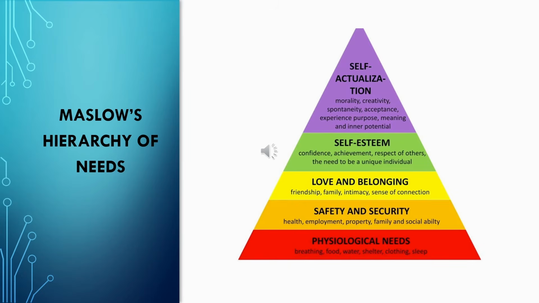Usually it can be met by self-care, and many people who are ill may require assistance for all these things. These are the most basic things which we require for our survival. All this falls under level 1, the physiological needs.